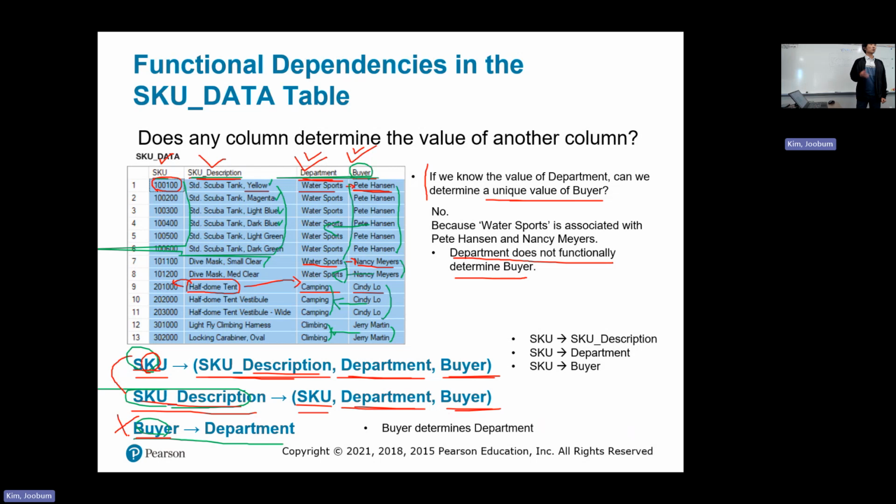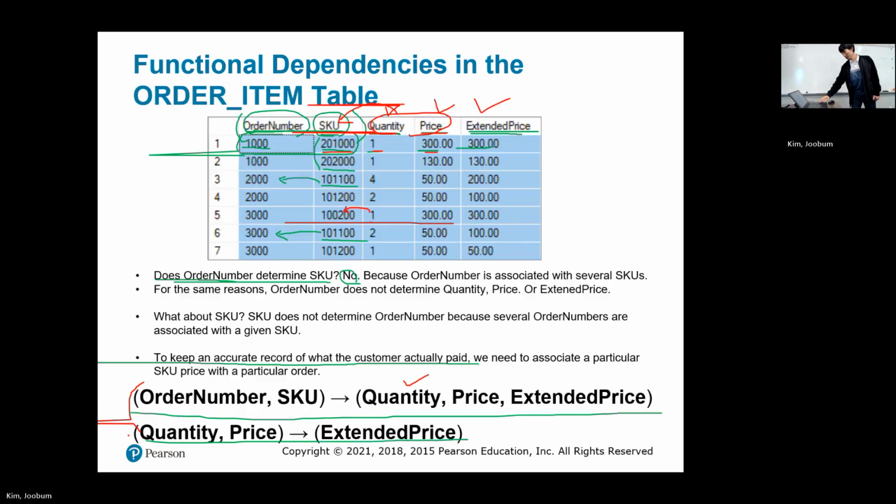So you can choose a candidate key out of determinants. How about this one? Order number and SKU determine all the other columns: quantity, price, and extended price. So it can be a candidate key. How about this one, quantity and price?